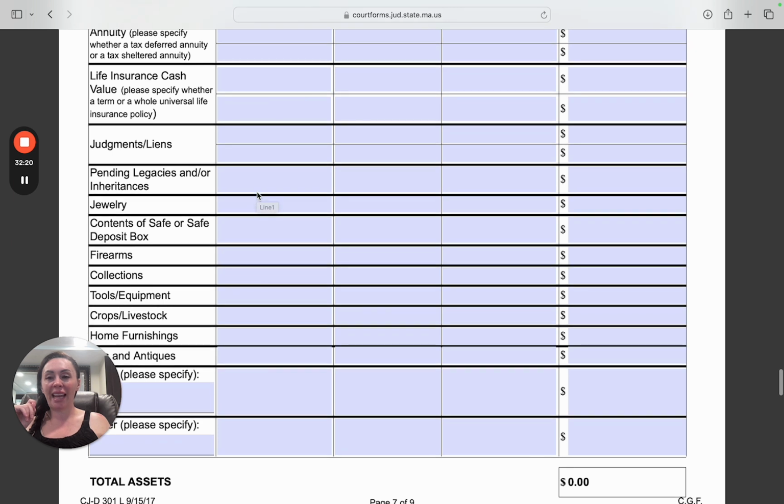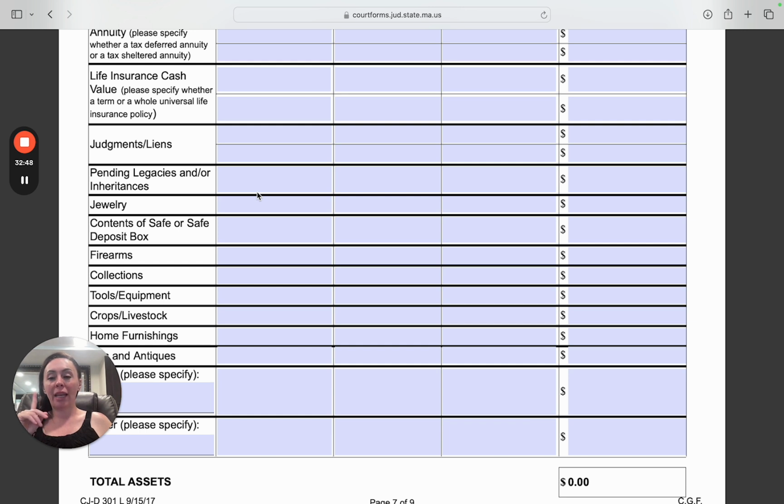Life insurance, cash value. Now, there are 2 types of life insurance. There's term, and then there is whole life. If you have a term life insurance policy, that does not get listed on your financial statement. So make sure before you go writing numbers down for life insurance, you know what you have and what we're talking about. A term policy does not have a cash value.